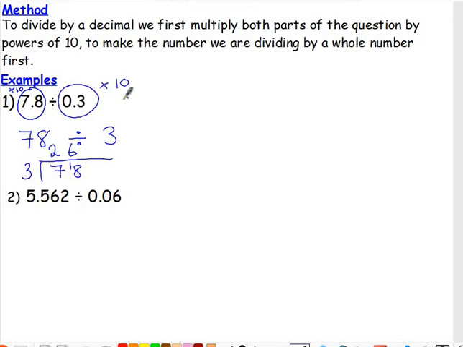So our answer equals 26. Whatever the answer comes out as from the bus stop, that is our final answer. We don't then divide it by 10 because we originally times by 10. Because we are doing it to both sides of the question, that is how the answer remains as it is.